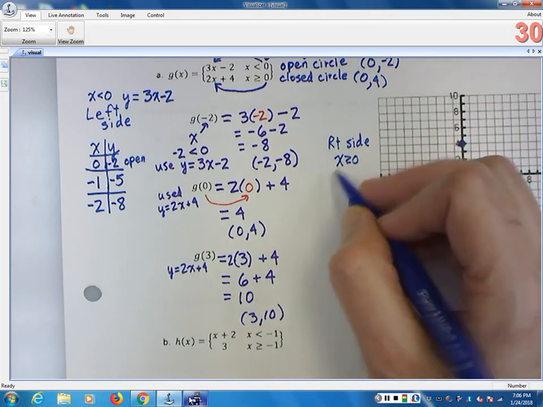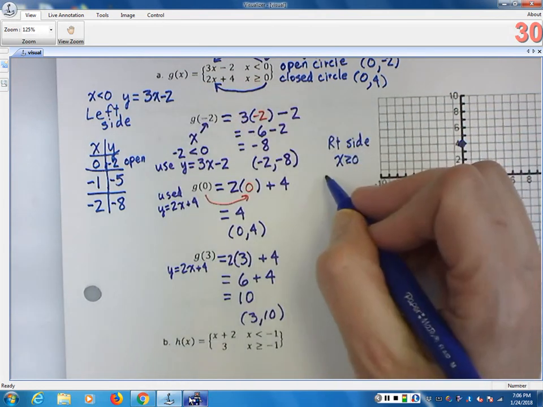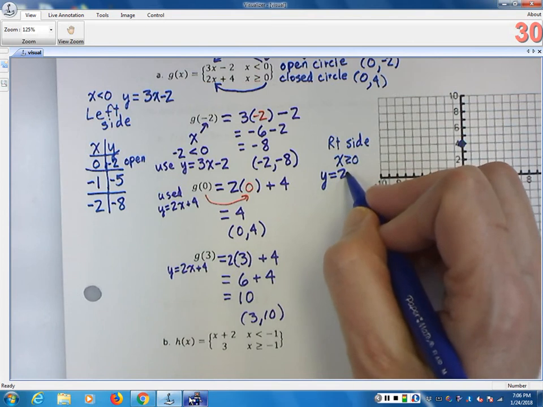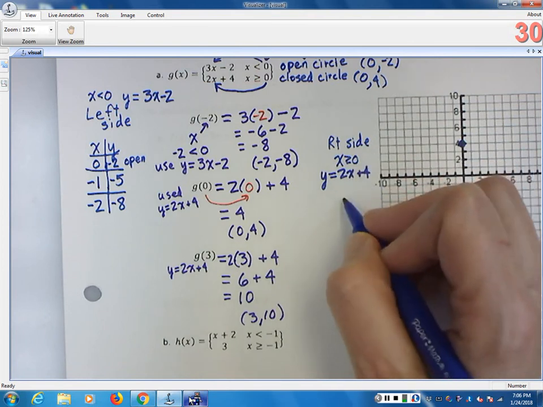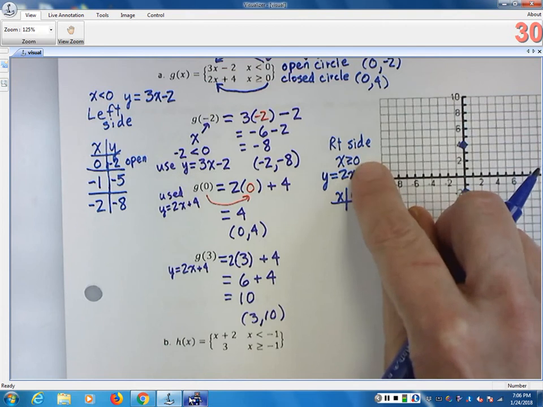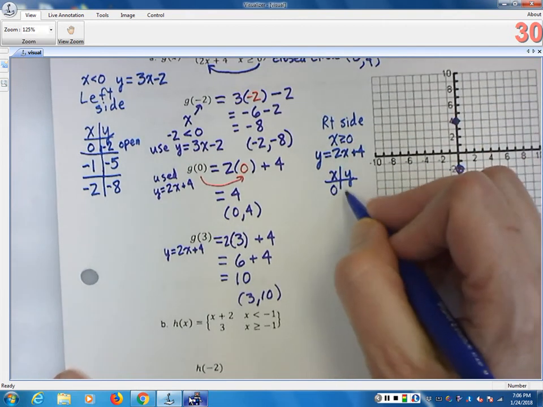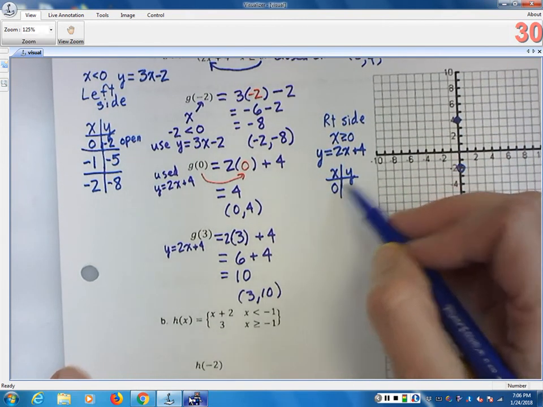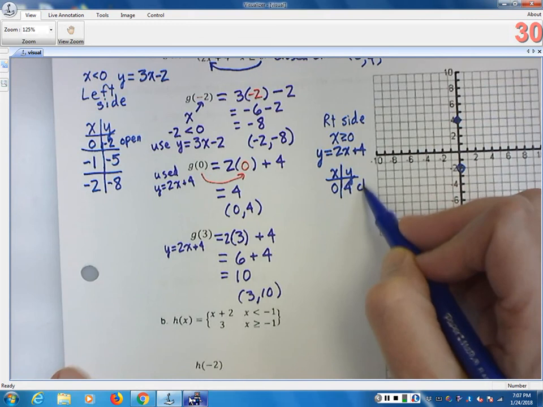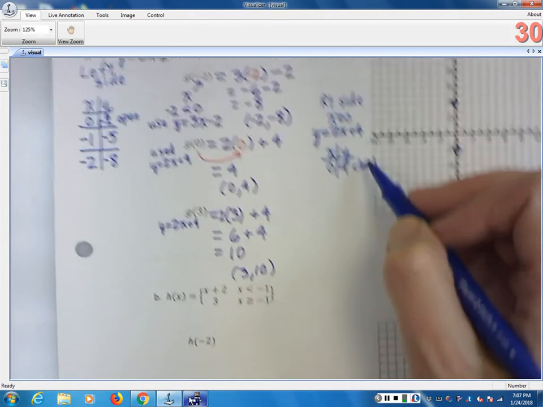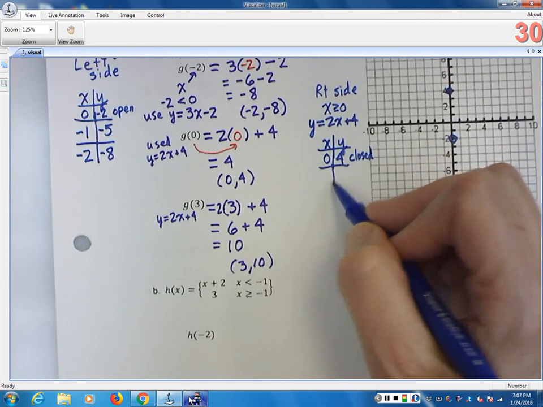And when that's the case, we're using the definition y is 2x plus 4. Make an xy table. We have to start at 0 where it's changing. That's the closed circle. We found that was 4. And then we go up from there.